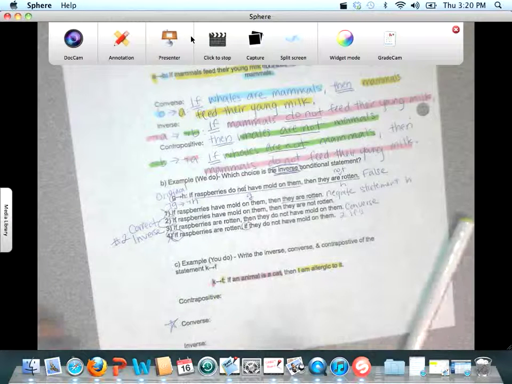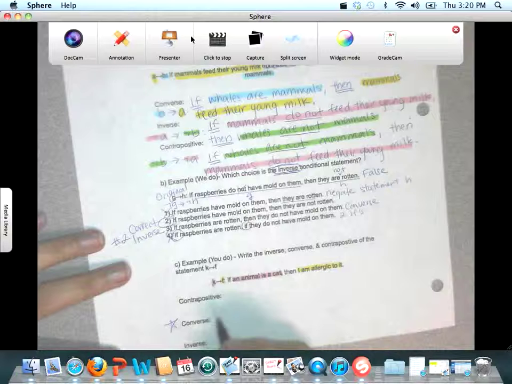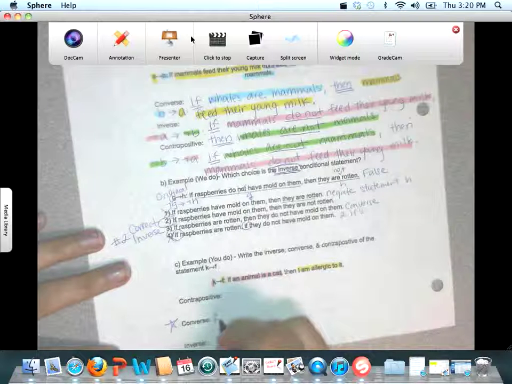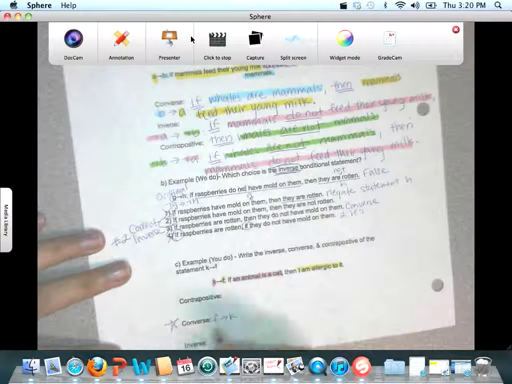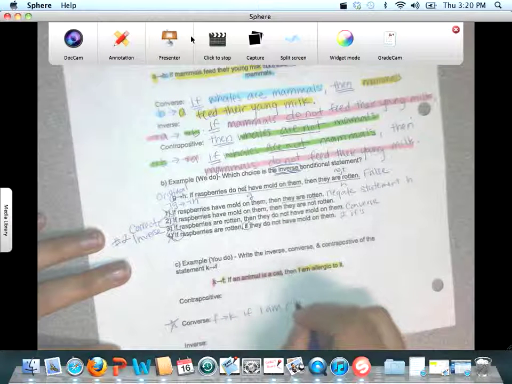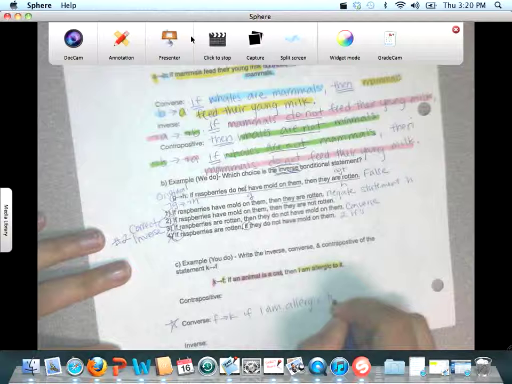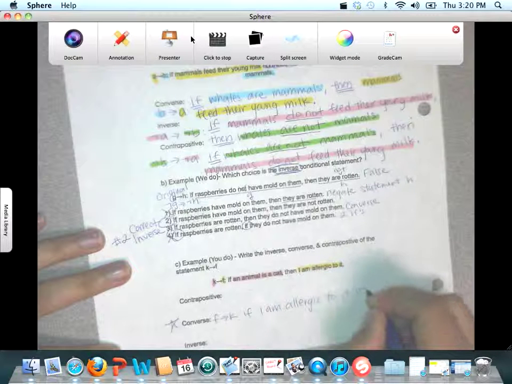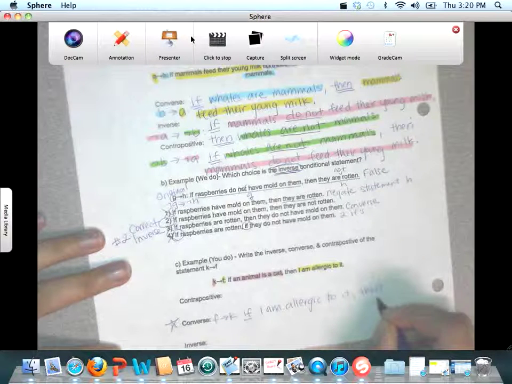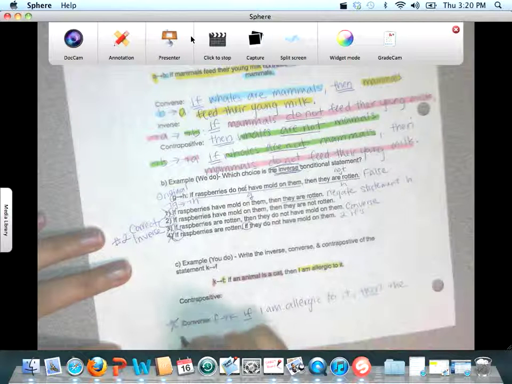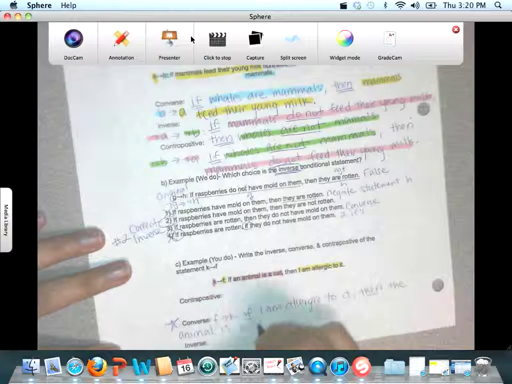Alright, so that means now I want to switch. So the converse would be F to K. Switch the F and the K. So if I am allergic to it, then, don't forget the if and the then, the animal is a cat.